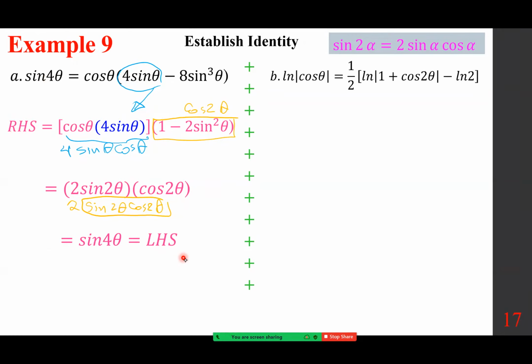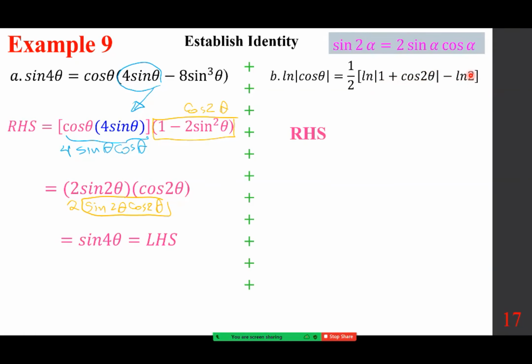You want to establish this identity, and again, the right-hand side is more complicated. We are going to start with the right-hand side, and we're going to write ln of 1 plus cosine 2 theta minus ln of 2, which is the same as ln of 1 plus cosine 2 theta over 2.